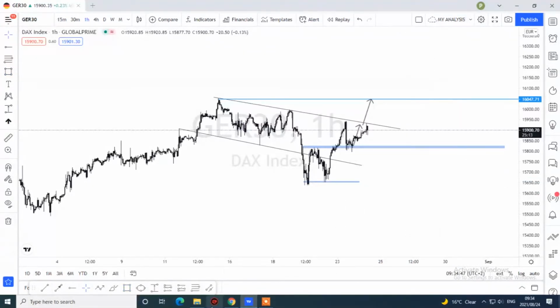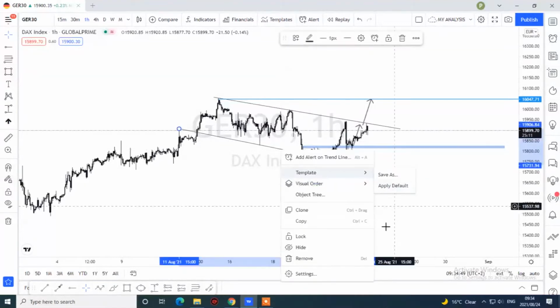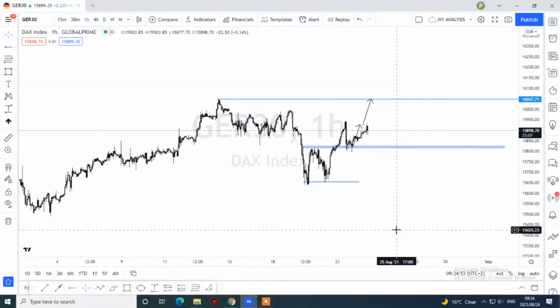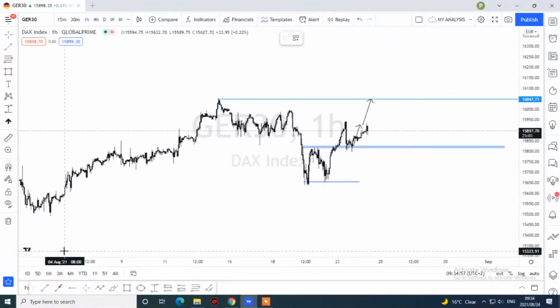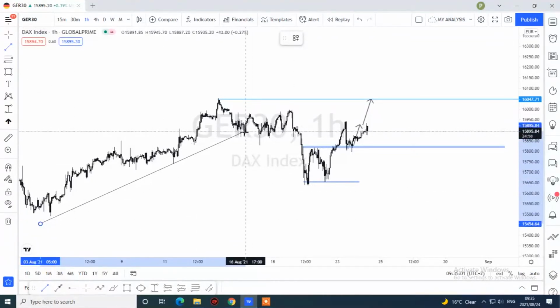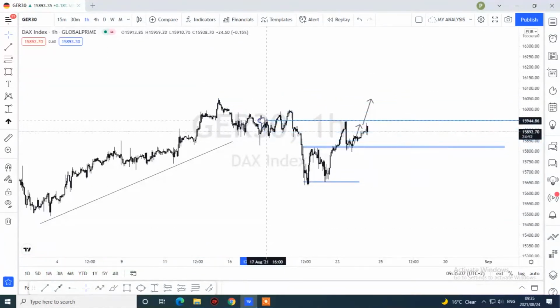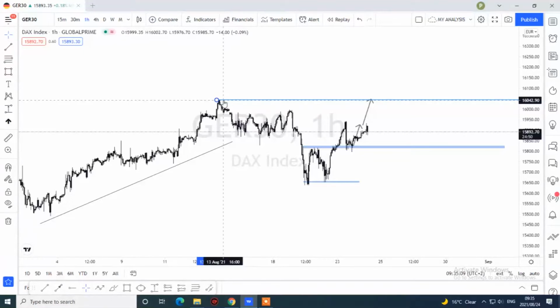So as you guys can see here, this is an uptrend. The market is actually going up. So this is more of a retracement for me.